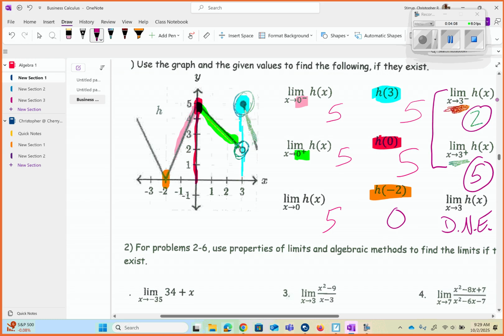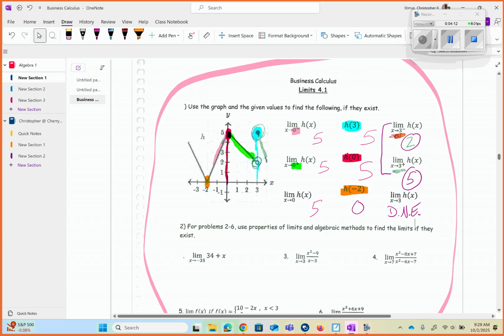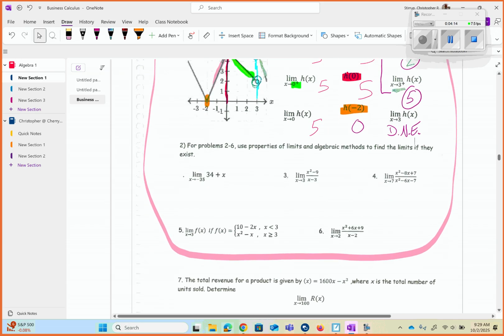All right. So let's head down this page, see what we have. So the first one, let me ask you this. Is 34 plus x a pretty simple equation? Is 34 plus x a pretty easy thing?